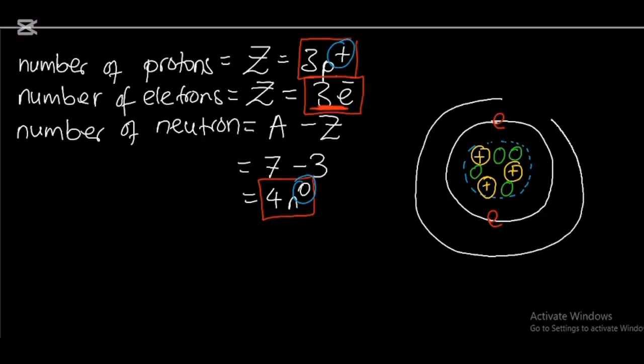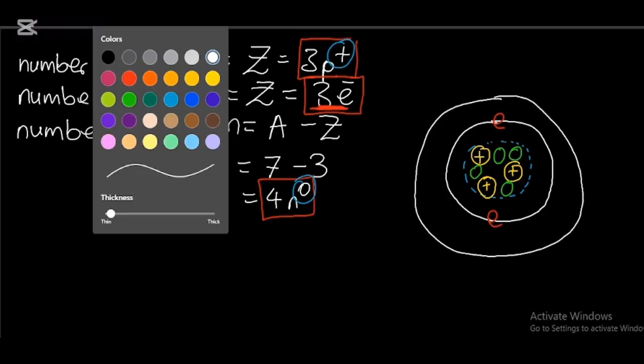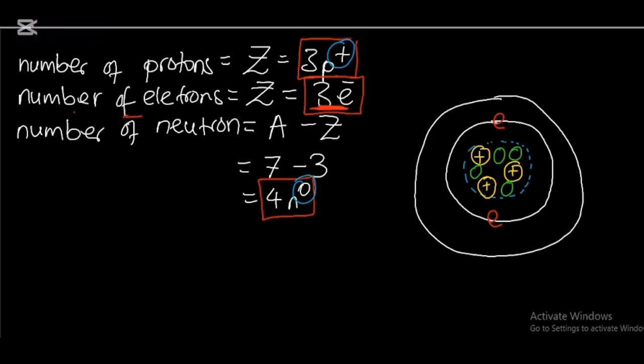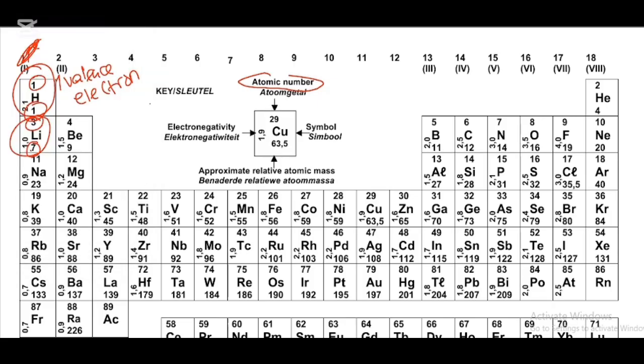Going to the second energy level, remember we have only 3 electrons. On our structure, we only had 2 electrons, so we are left with only 1 electron, so that we can have 1, 2, 3 electrons for lithium.